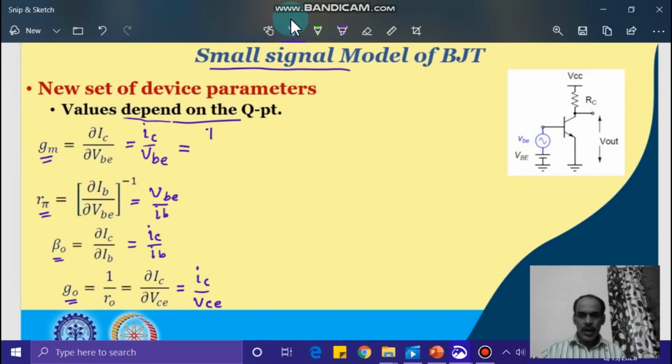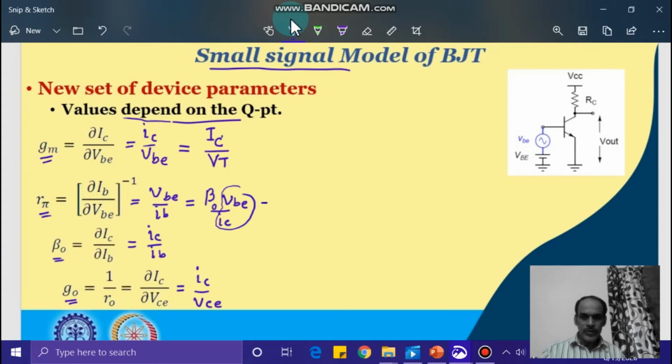So g_m is I_C, the collector current at the operating point, divided by the thermal equivalent voltage V_T. Likewise, r_pi is V_BE by I_B, so we can replace I_B by I_C divided by beta naught, and this part is 1 by g_m.